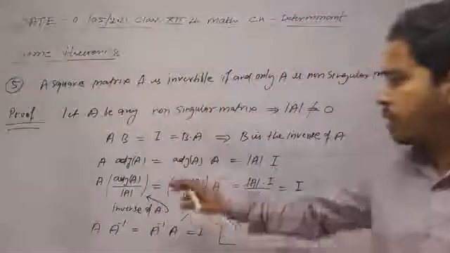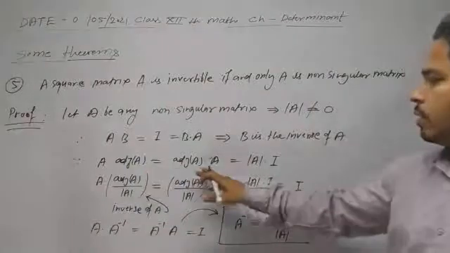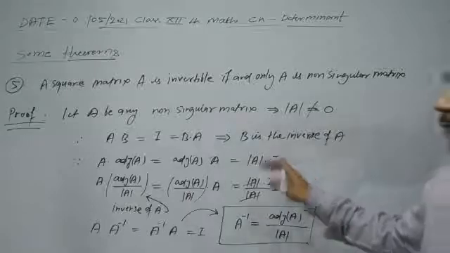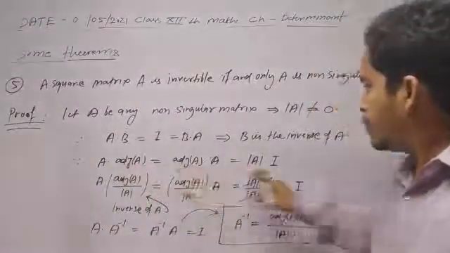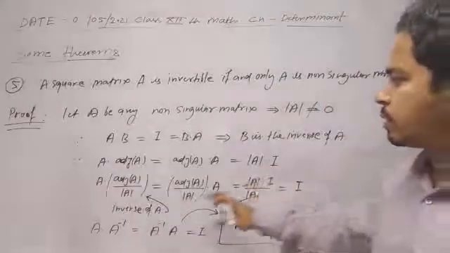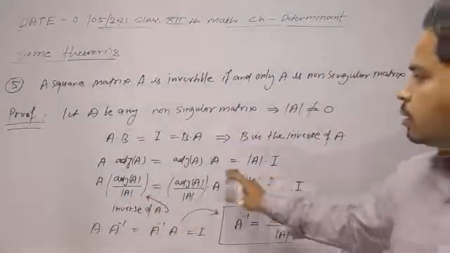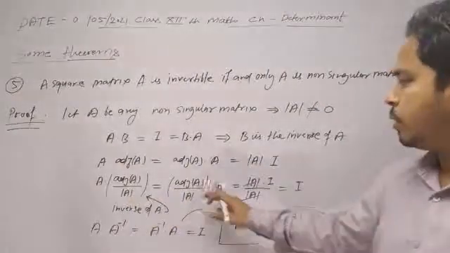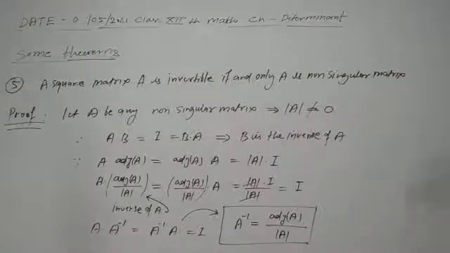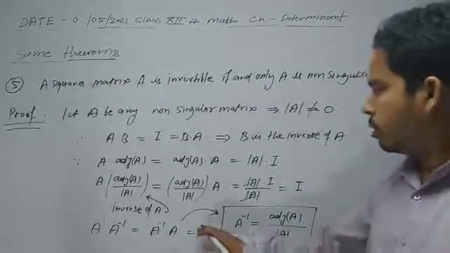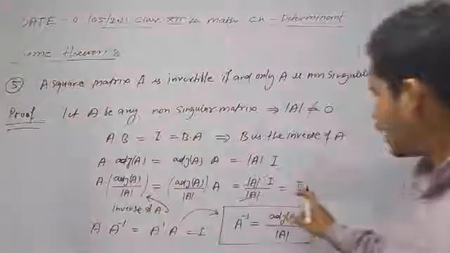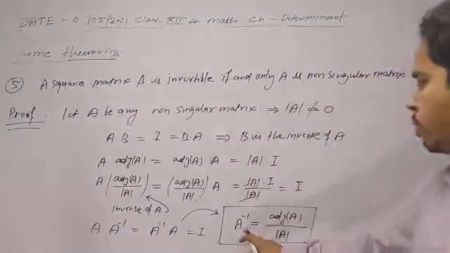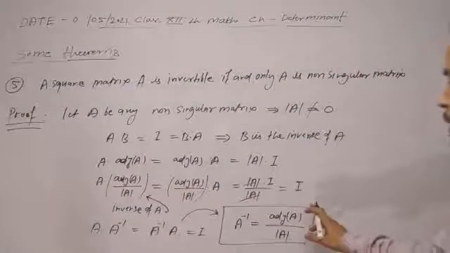And A into adjoint of A is equal to adjoint of A into A is equal to determinant of A into I. This is the formula. Divide by determinant of A, which is non-zero since it is a non-singular matrix, on all sides. The result you will get is adjoint of A upon determinant of A equals I, so this is the inverse of A. So A inverse can be written as adjoint of A upon determinant of A. This is the formula.